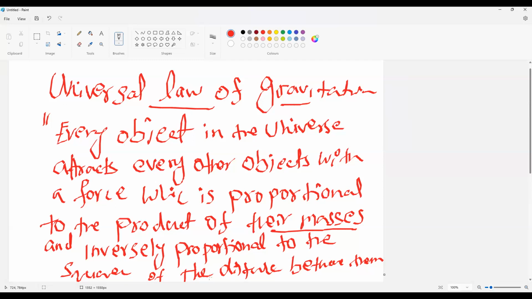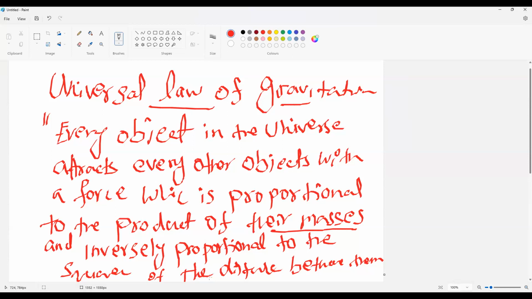Because the gravitational force exerted by the earth on the apple is lesser, so you are able to lift the apple. But if you wanted to lift an elephant, what happens? The gravitational force exerted by the earth on the elephant is more than on the apple. Am I right, my dears? Understood this particular area?